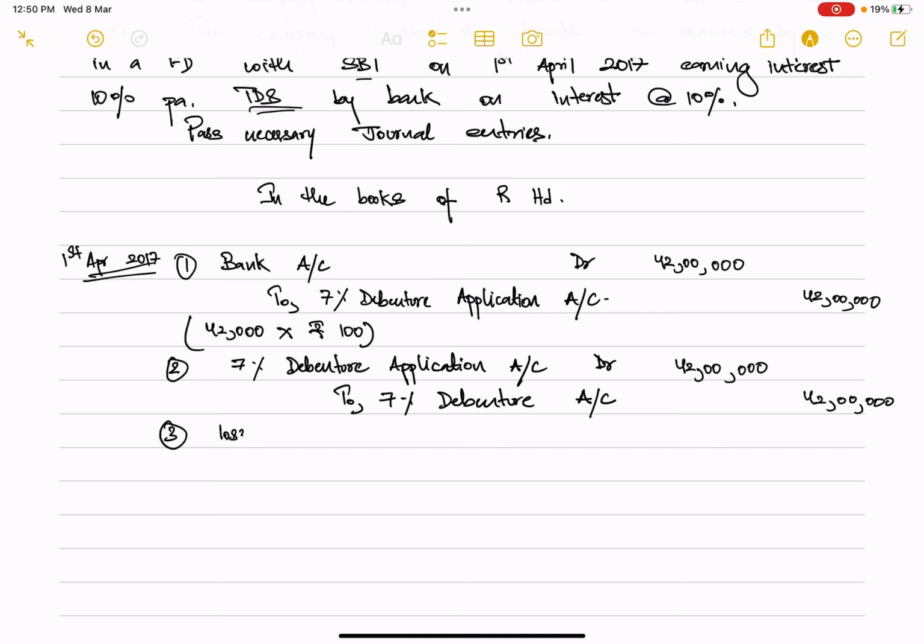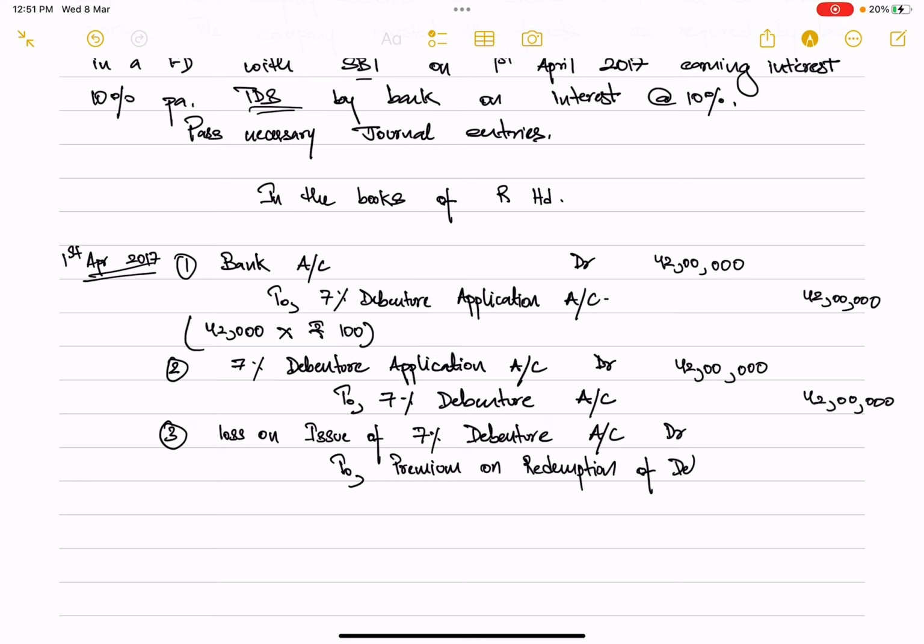So loss on issue of 7% debenture account is to be debited, and on the credit side will be the premium on redemption of debentures account.